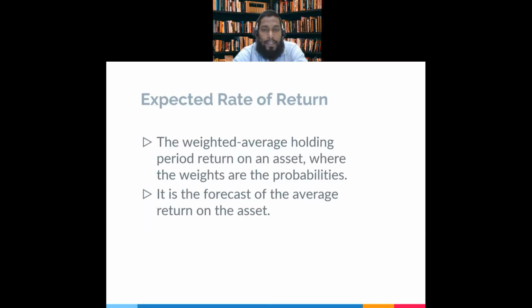So this expected rate of return is the weighted average holding period return on an asset, where the weights are the probabilities. So for expected return, we calculate against different probabilities and we take an average of it. So it is the forecast of the average return on the asset in different kinds of economic situations.